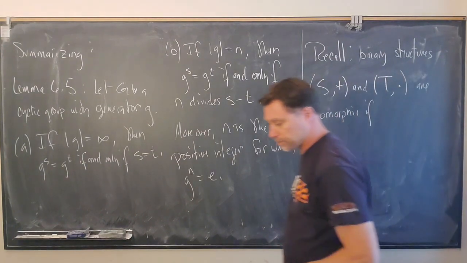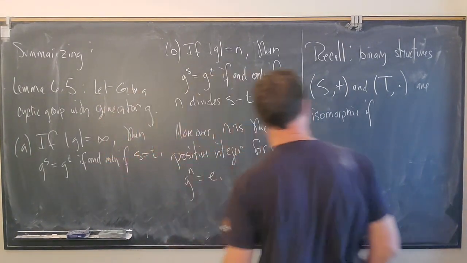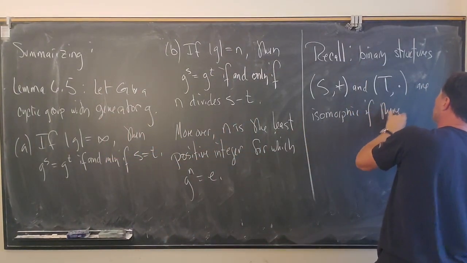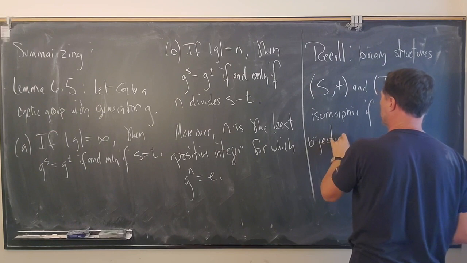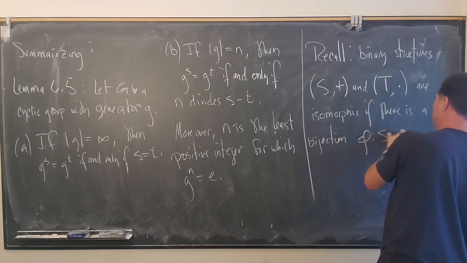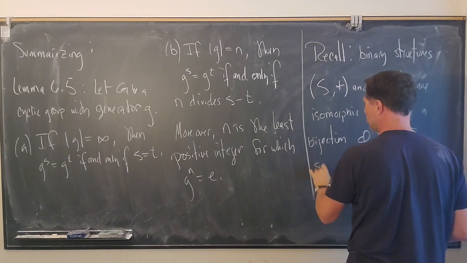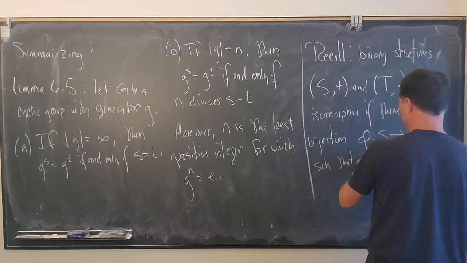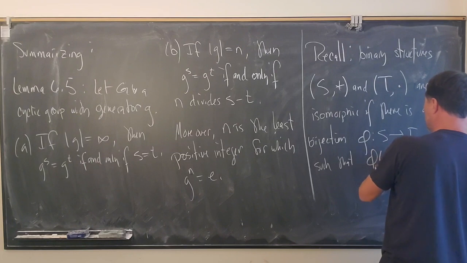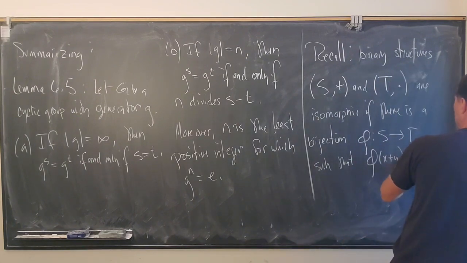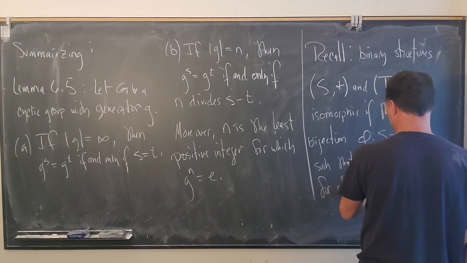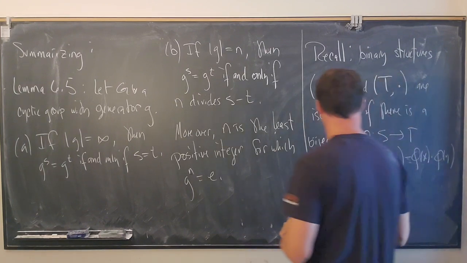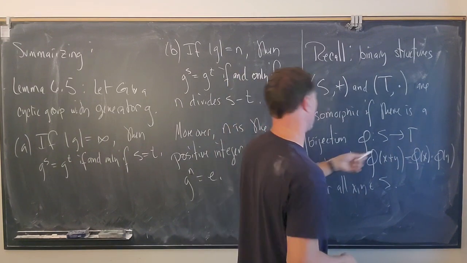if, let's use the symbol phi, if there is a bijection, capital phi, from S to T such that phi of x star y is equal to phi of x dot phi of y for all x and y in capital S. So this map here is called an isomorphism.